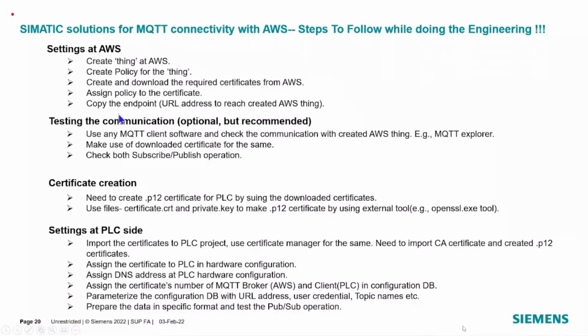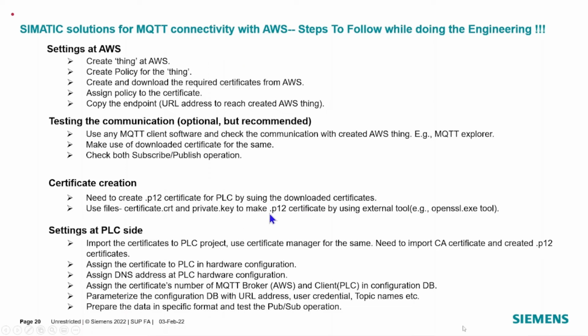But the PLC will not be able to accept all those certificates in the same way or the same format. For that, we need to prepare a certificate in a format called PTOL, by using the certificate that is already downloaded. That procedure is not inside the TIA Portal, it is outside the TIA Portal.